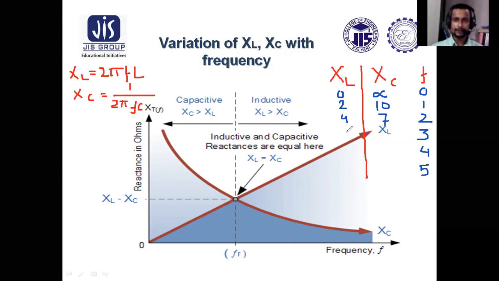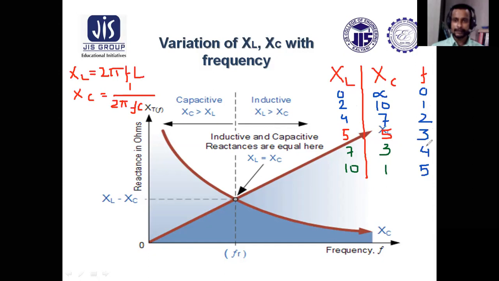At frequency 3, say this is 5, and this is also 5. At frequency 4, say this is 7 and this is 3. At frequency 5, say this is 10 and this is 1. Likewise.